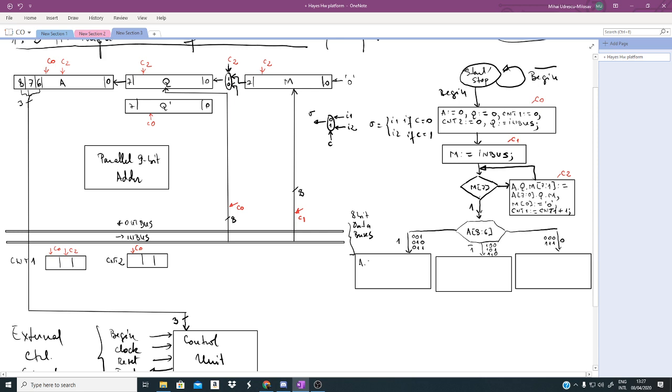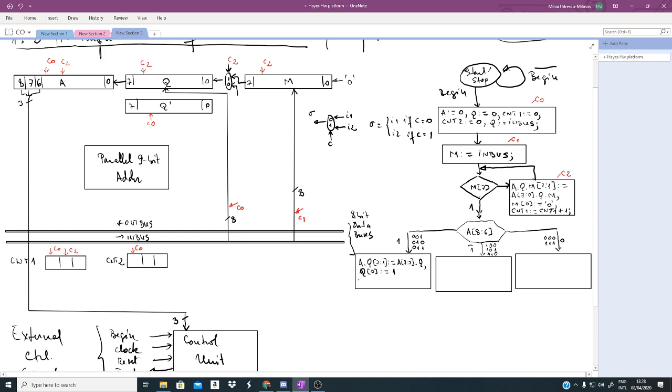A concatenated with Q from 7 to 1, I'll put what was before in A of 7 to 0 concatenated with the entire Q. In Q of 0, I put 1, right?